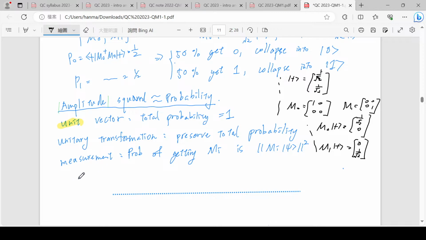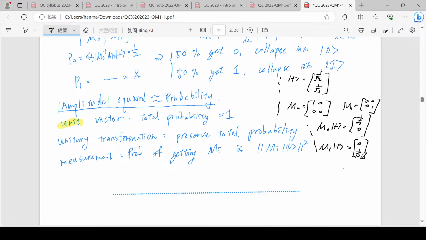When we do measurement, we can think about those subnormalized states as states associated with some probability. Our state turns into this subnormalized state, and we know the probability of getting this state is the norm squared of it.